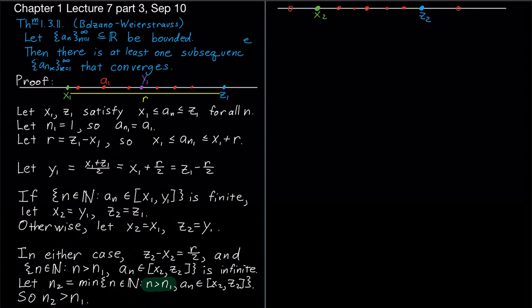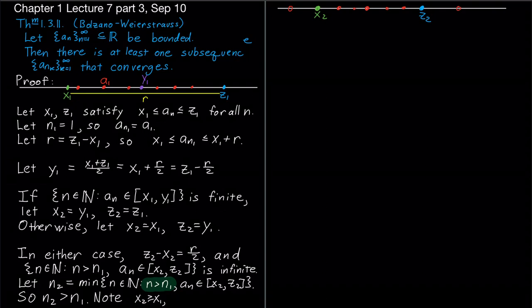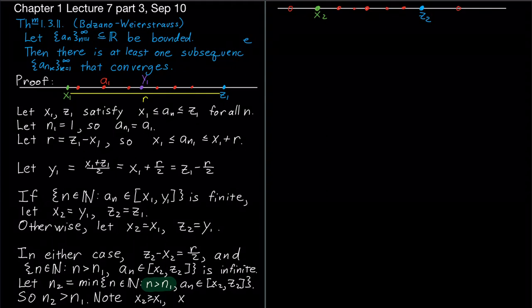And two things I want to point out before we move on is that x2 is bigger than or equal to x1, and x2 is less than or equal to a_n2 is less than or equal to z2, where z2 minus x2 is 2 to the 1 minus 2 times r, but I'm going to write that as 1 minus 2 because we've got lots of 2's showing up here, and it's going to show up in a pattern.